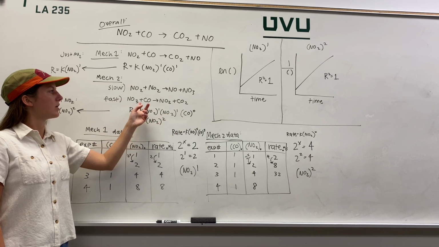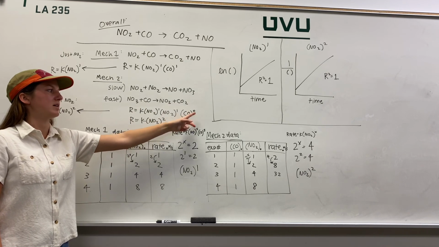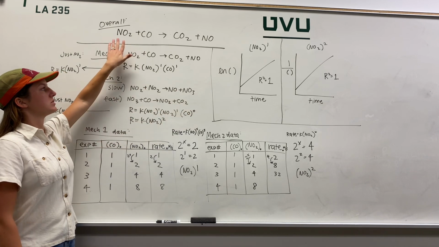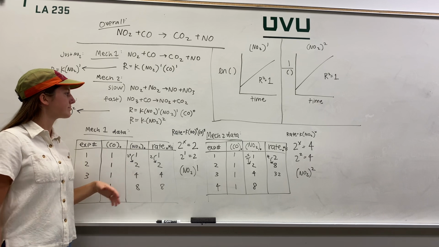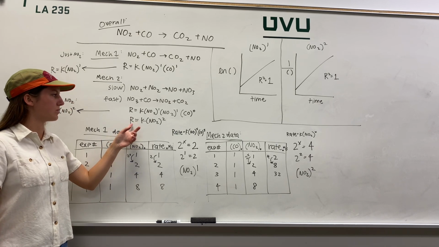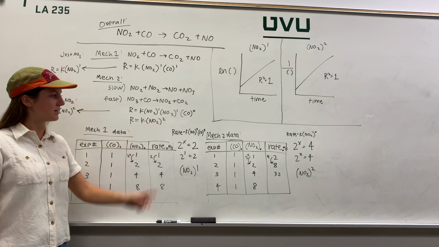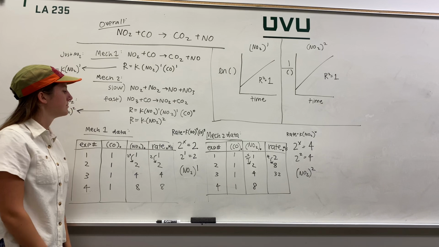If you did put in the reactant CO, it would be to the 0th order because it doesn't count in the rate-determining step. You can rewrite this as rate equals the K constant times the concentration of NO2 to the 2nd order, since there are two of these, and CO doesn't count towards it.